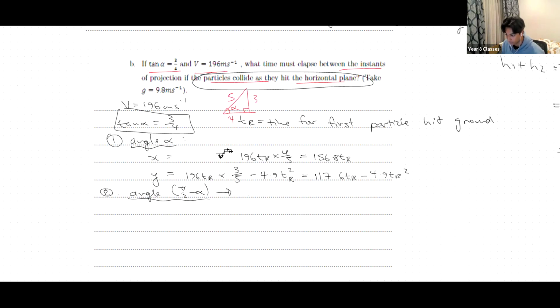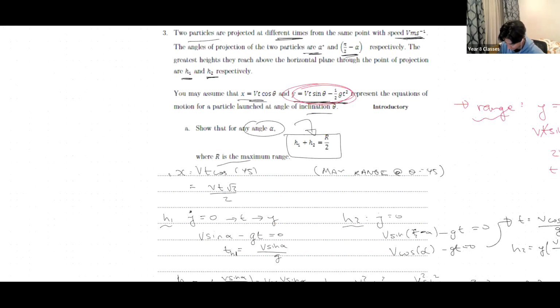Going back to the question info, what do you think this T here represents? Is it time from some initial starting point, or time of flight, or something else? Time from the starting point. Close. It's time of flight.